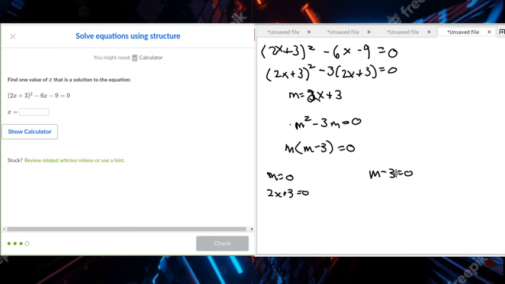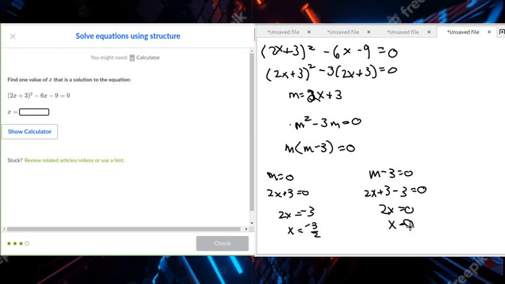If m minus 3 is 0, then 2x plus 3 minus 3 is equal to 0. And this is going to be 2x is equal to 0, or x is equal to 0. If we subtract 3 from both sides, 2x is negative 3, divide by 2. There we go. So it wants only 1. I'm going to put in the 0.